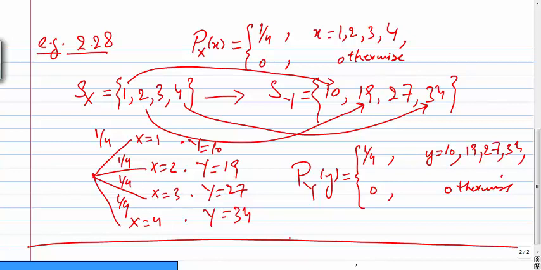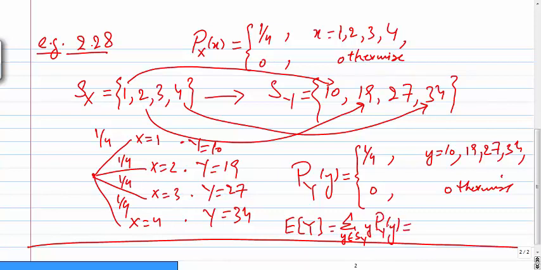So this is the way we can use this mapping to calculate the PMF. Now let's look at the expected value. If you remember the formula, the expected value of Y is the summation over y belonging to S_Y of y times P_Y of y.